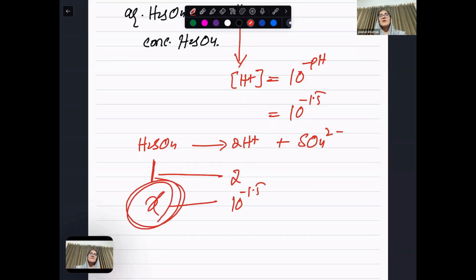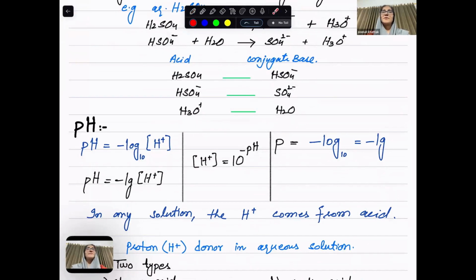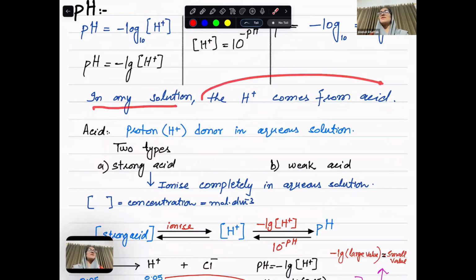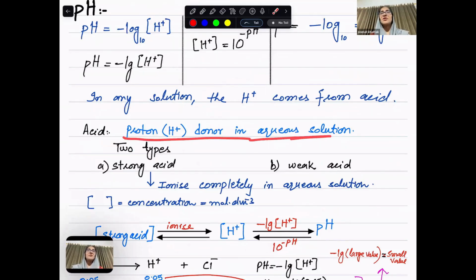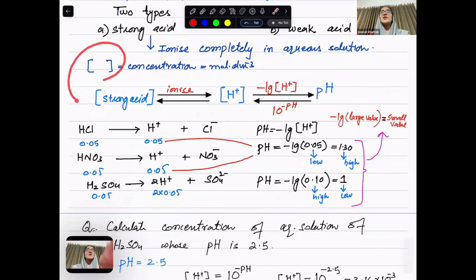So coming to the notes, pH is negative log of H plus. If you want to find H plus, 10 power minus pH. In any aqueous solution, the H plus is coming from acid, a proton donor. There are 2 types, strong acid and weak acid. Strong acid ionizes completely; the square bracket shows the concentration.